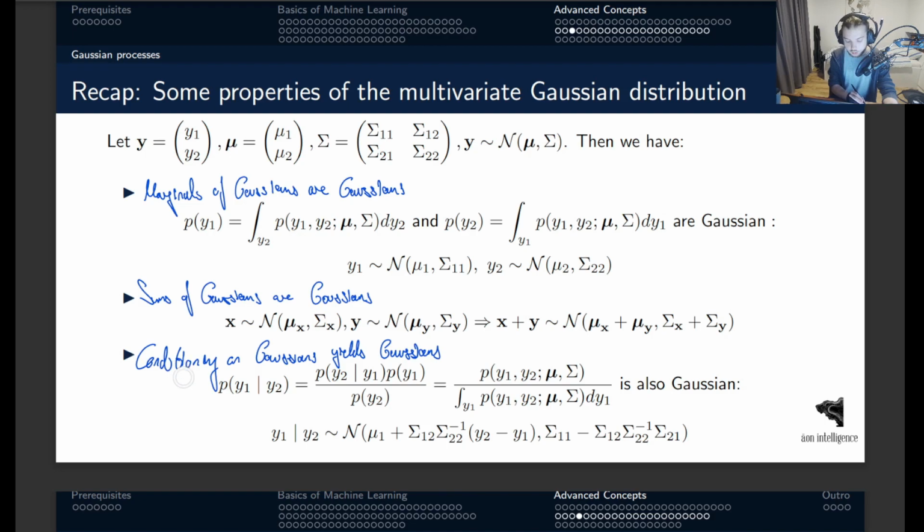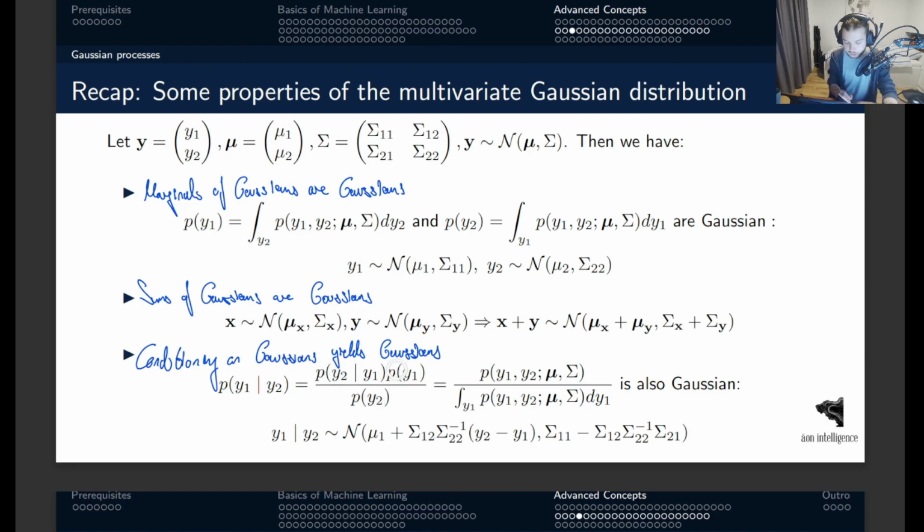And finally, conditioning on Gaussians returns Gaussians again. So we have these two entries of y again, y1 and y2. And if we condition y1 on the second entry y2, then we have via Bayes' theorem that this is equal to the probability of y2 given y1 times the probability of y1 over the probability of y2.